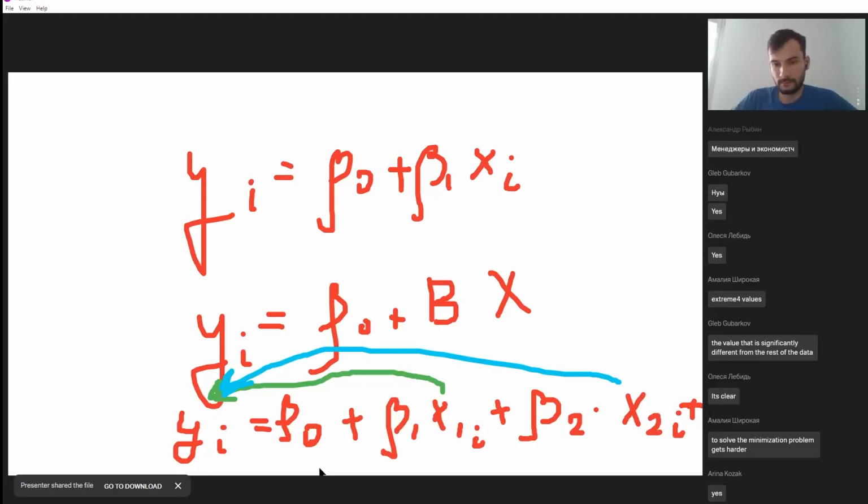And the problem here is then you're going to fix one of them and think about the parameter which explains the effect of only one thing. You don't want to have the interaction between these two regressors, because if they somehow depend on each other, this doesn't make sense.